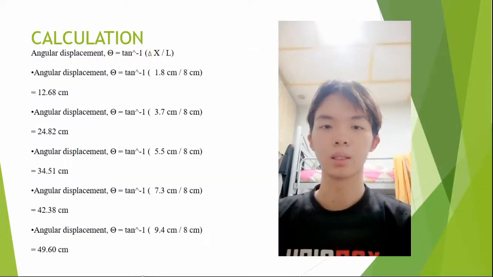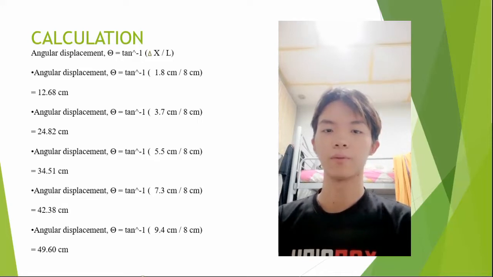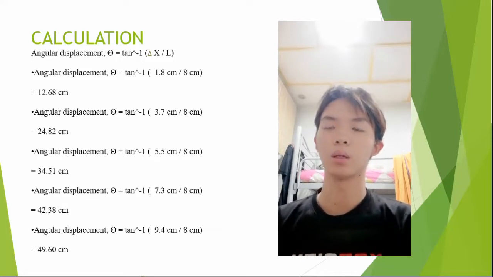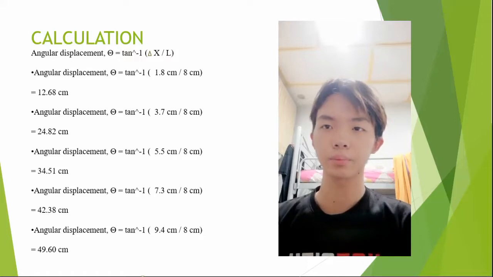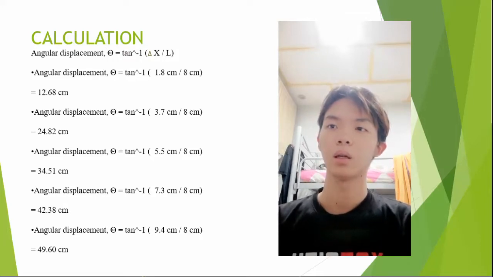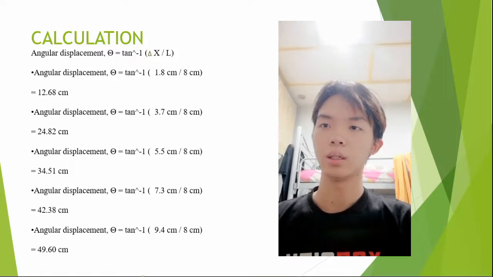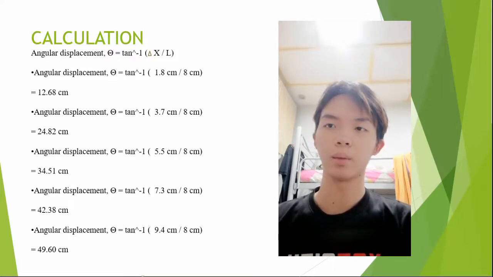Hey guys, my name is Jia Jian and my student ID is DSIC DAET 0722056, and this is how we bring out the calculation. The angular displacement is tangent to the power of -1 times total displacement divided by total length.